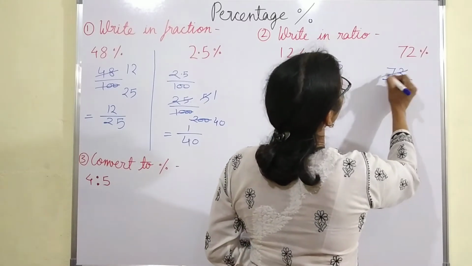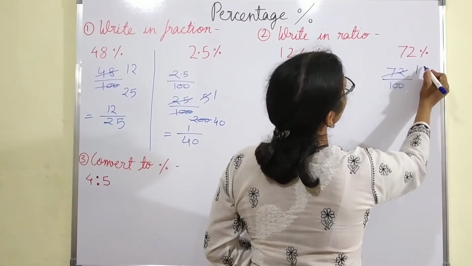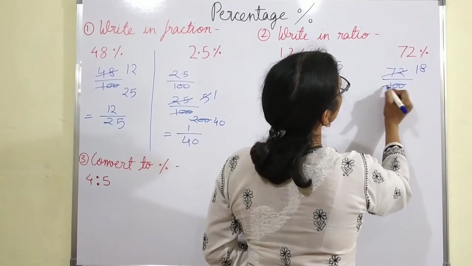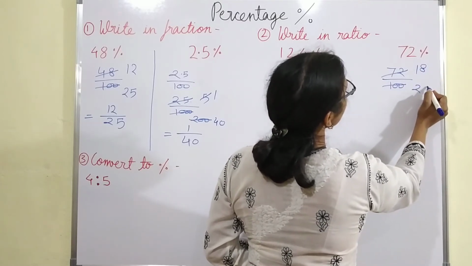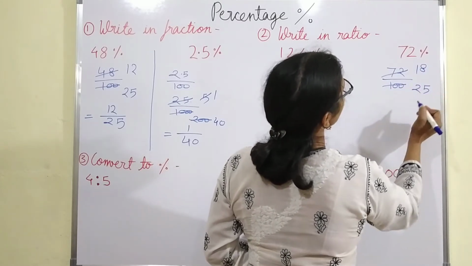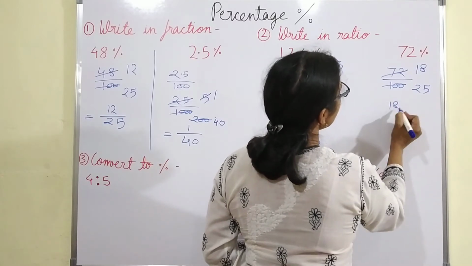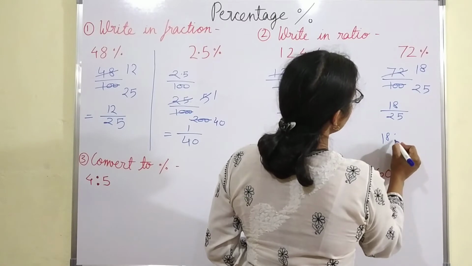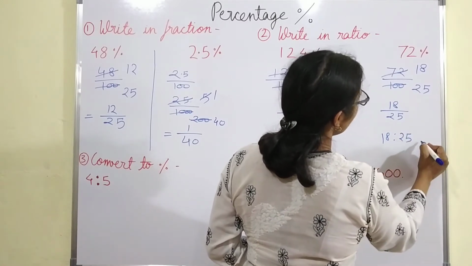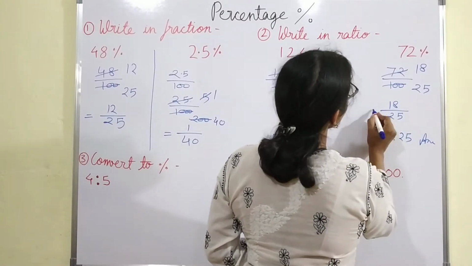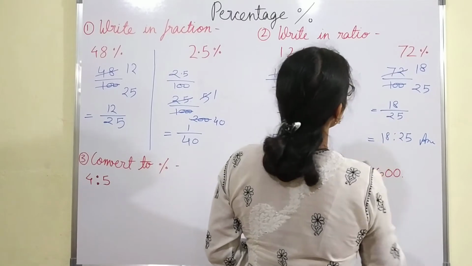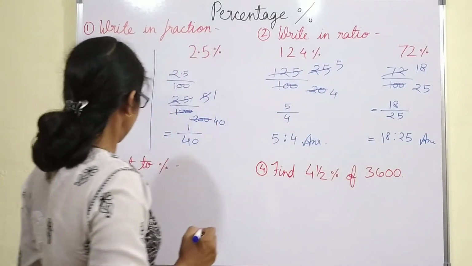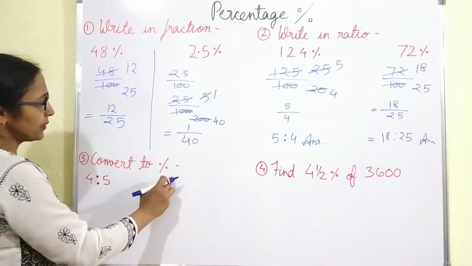So 4 18s are 72, 4 25s are 100. So 18 upon 25. So your answer is 18:25.